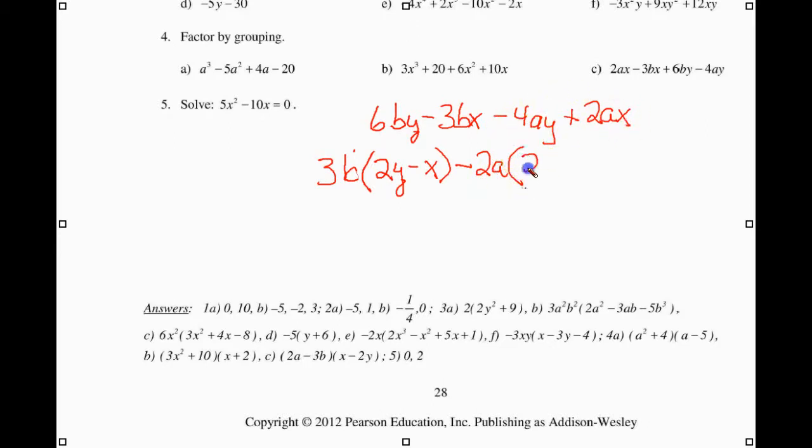I get a 2y minus x. That's what I was looking for. So that technique that we worked on up there is going to be very useful here. So again, our common factor in each of these two terms is 2y minus x. That's this. And then we put the other 2 right here.